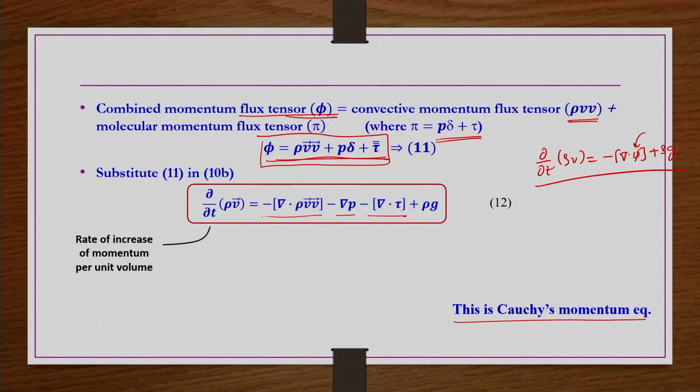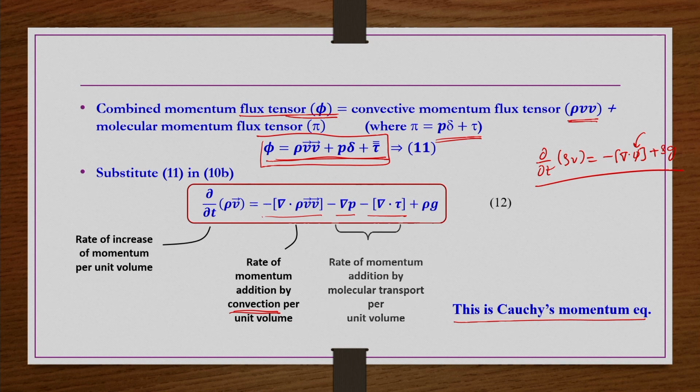In this equation, the left hand side term is nothing but the rate of increase of momentum per unit volume, that is the temporal or accumulation term. The first term on the right hand side is the rate of momentum addition by convection only, per unit volume.